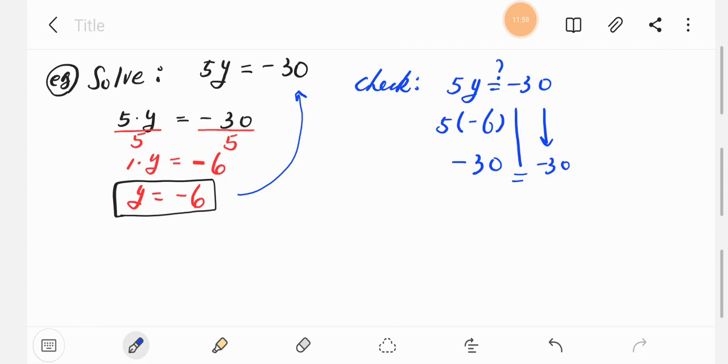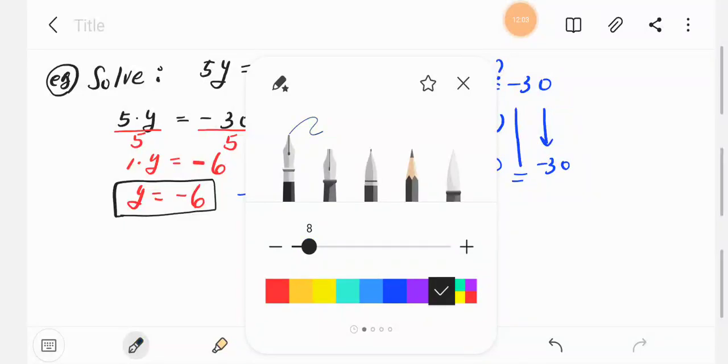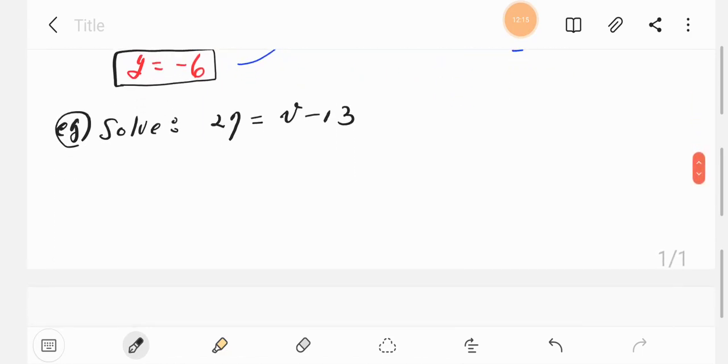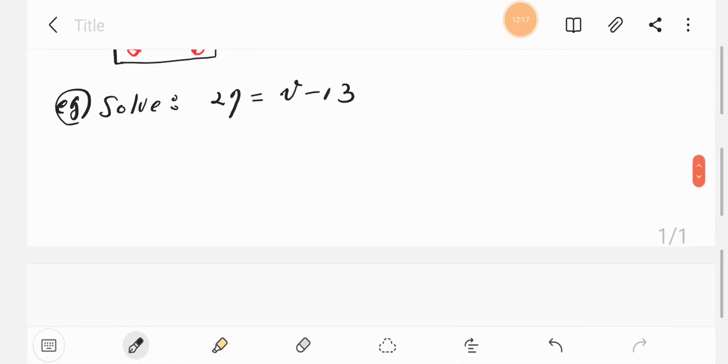Okay, let's try one more example. Let's solve 27 equals v minus 13. The right side contains the variable v, but this is not a product. This is a subtraction, isn't it?